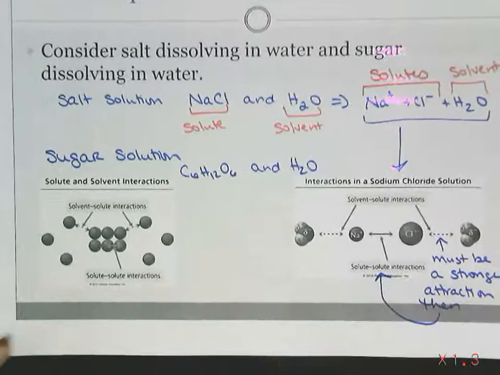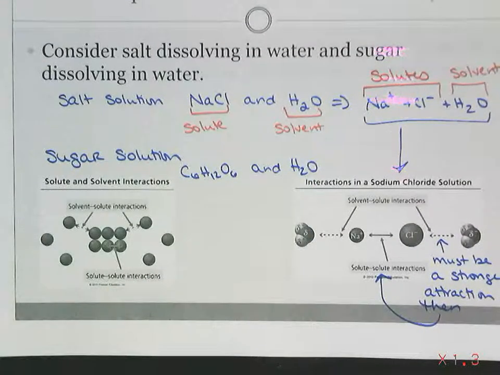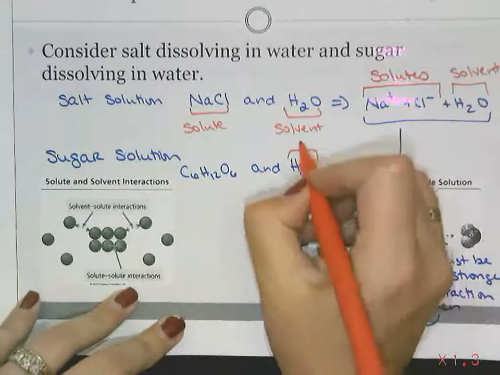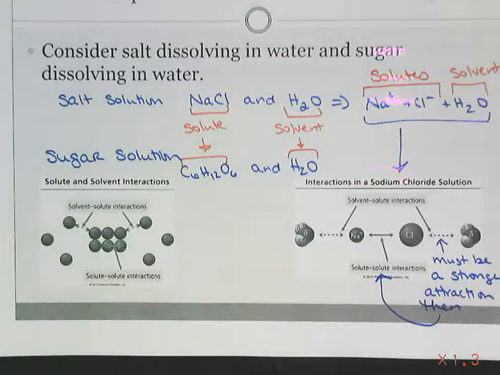Water is definitely polar, and it is still the solvent. This is still the solute. Well, what do we know about C6H12O6? Is it ionic or molecular? It is molecular, right? It's made up of all nonmetals, so it has to be molecular.